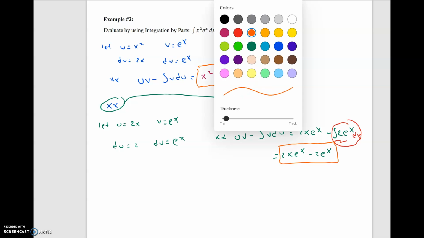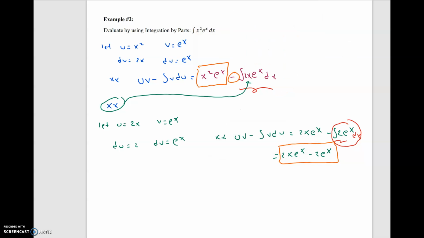As our final solution, let me rewrite it: the integral of x squared e to the x dx is equal to x squared e to the x from this part, and then your second iteration, because we have the minus, this portion has to be a minus.